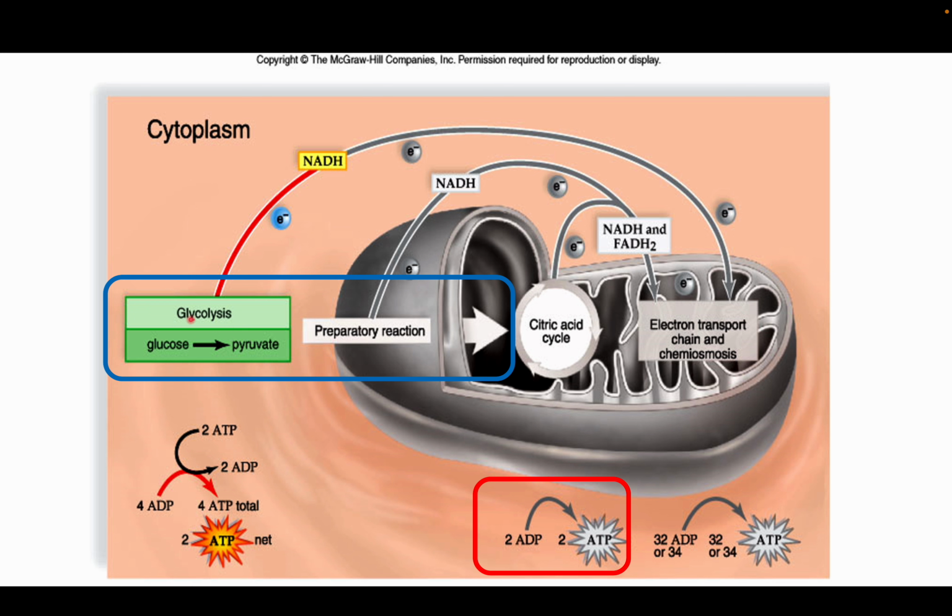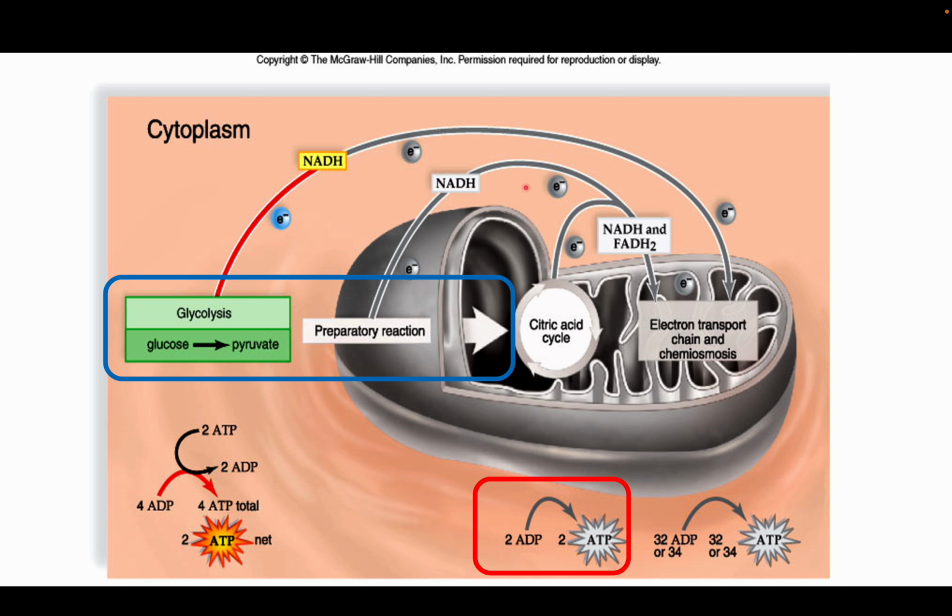So glycolysis, in summary, is the breakdown of glucose to pyruvate, alongside the production of energy, ATP, and NADH, which is a compound important for the electron transport chain.